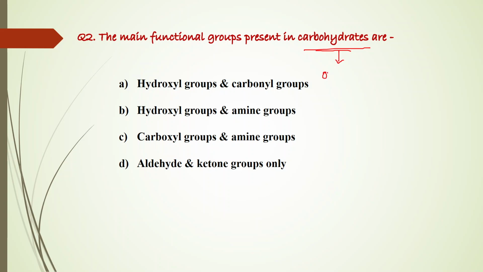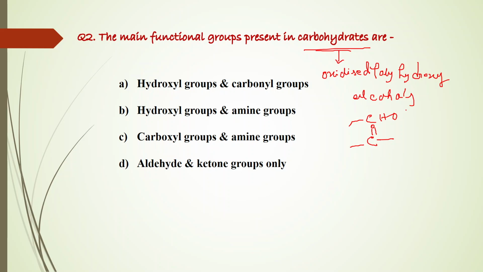What are these? These are oxidized polyhydroxy alcohols. And what do they contain? Yes, I can see one answer. Thank you very much. They often contain either an aldehyde group or a ketone group.